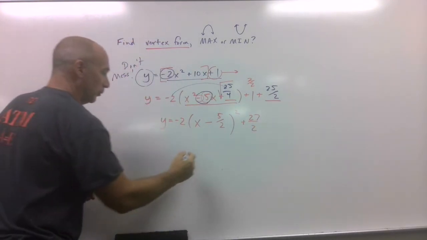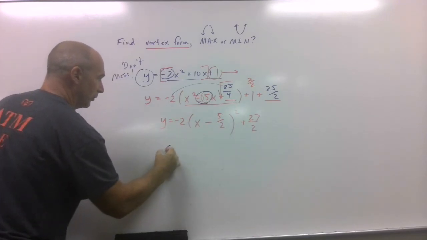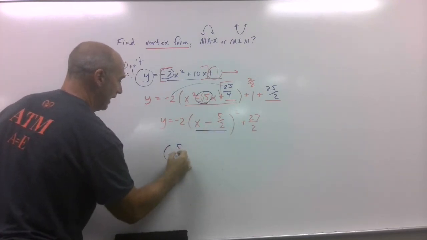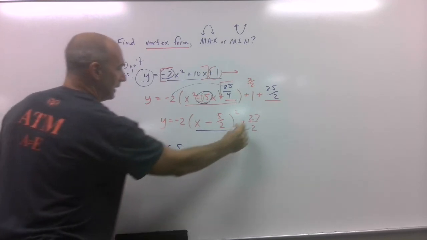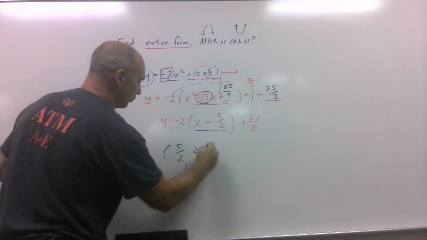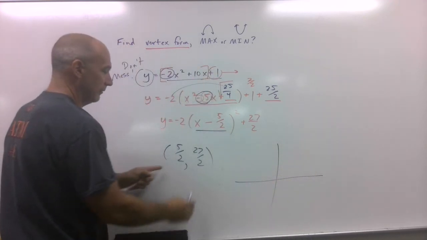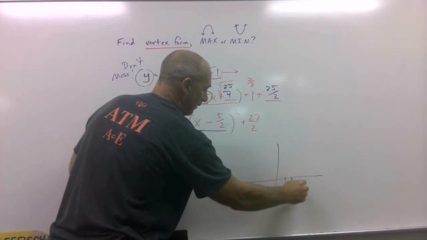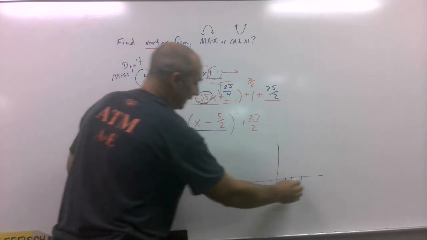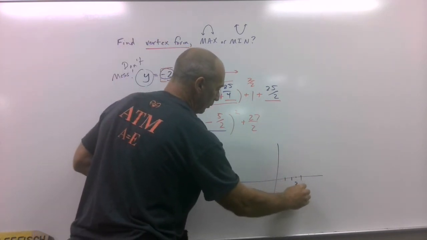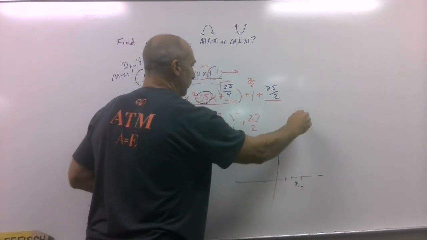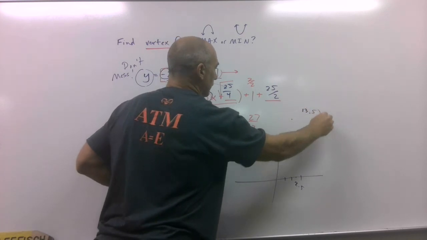Now check it out. Vertex form. Where's the vertex? Well, that's going to be 5/2 to the right, 2.5. Then we're going to go up 27/2. So what would this look like if they ask us to graph it? 5/2 is 2.5. This is 13.5. So I go over to 2.5, and then I go up to 13.5.